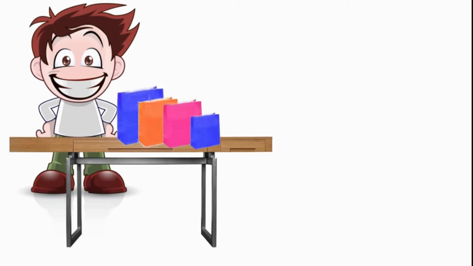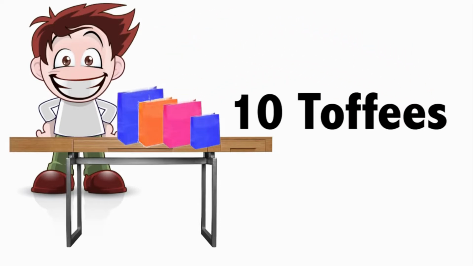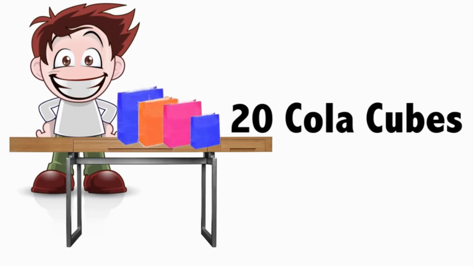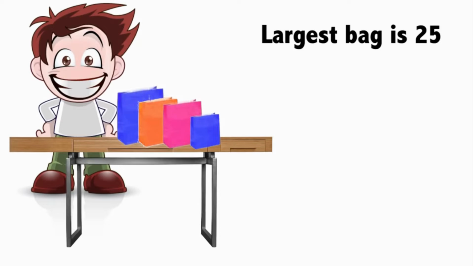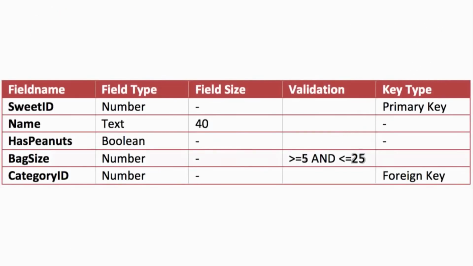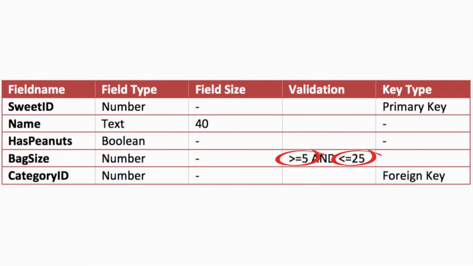So, for example, his English toffee is sold in a bag containing 10 toffees, and his cola cubes are sold in a bag of 20. The largest bag contains 25 sweets, and the smallest just 5. The range on the field bag size is from 5 to 25.